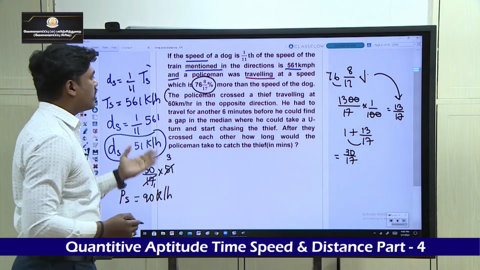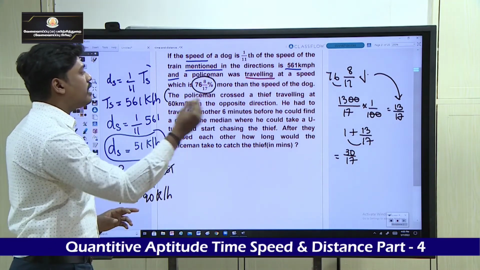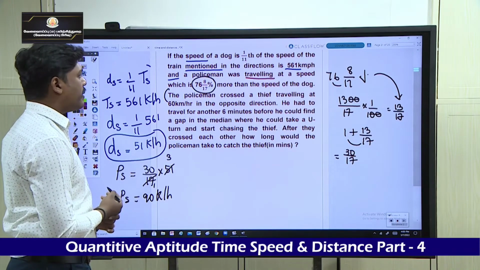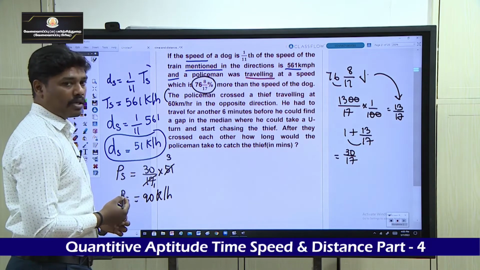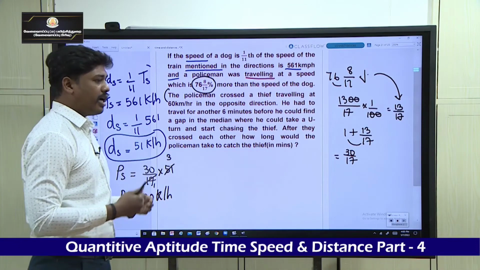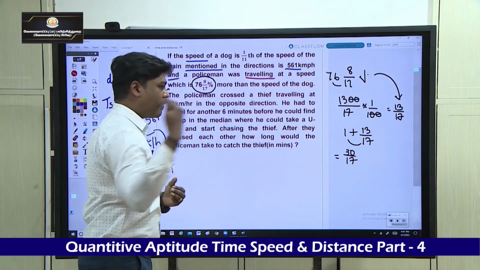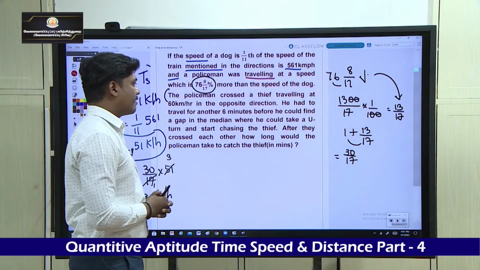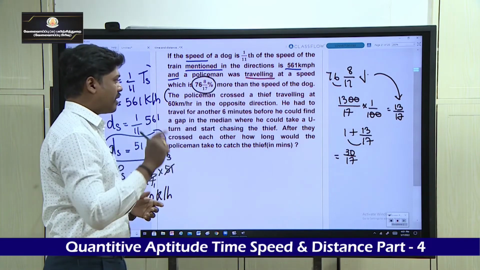Look at here. The policeman crossed the thief travelling at a speed of 60 km per hour in the opposite direction. I am here. The thief is travelling in this direction, opposite, at 60 km per hour speed.